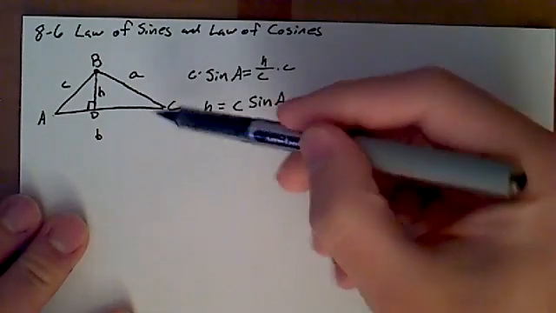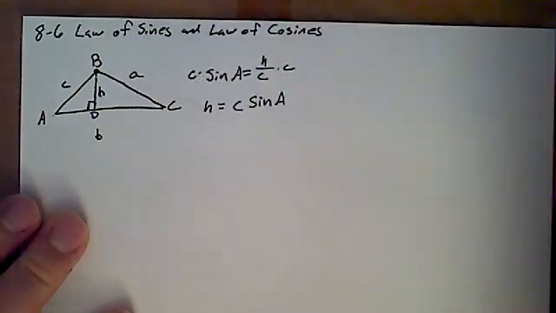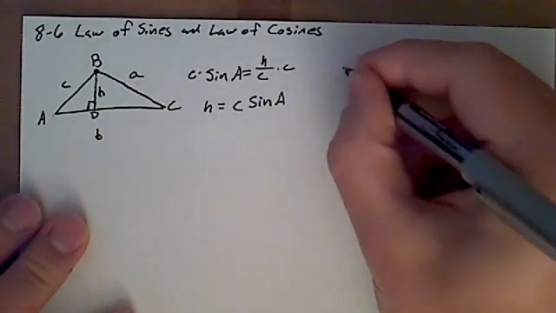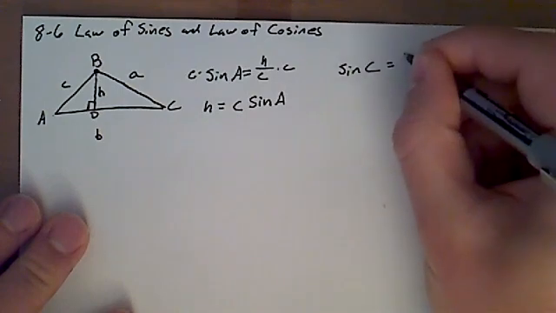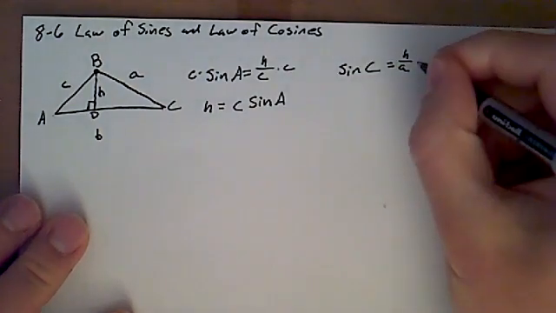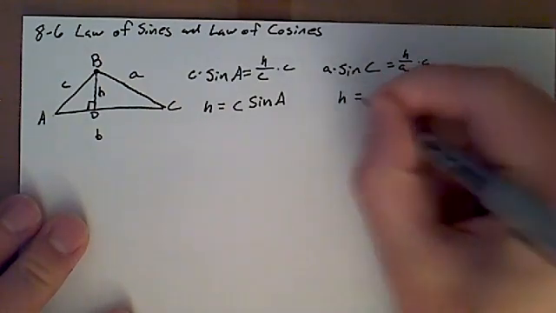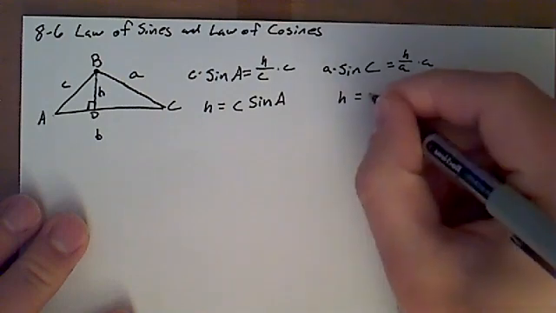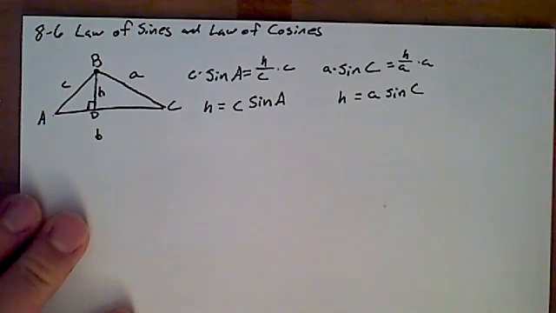Okay, so what about for C? h is the opposite, a is the hypotenuse. So we have the opposite over the hypotenuse again. So the sine of C is equal to h over a. Well, what does h equal then? Well, h is equal to a sine C. You might notice that's a little weird, right?